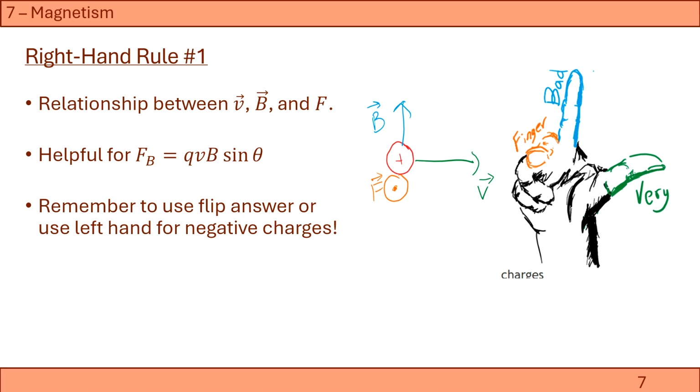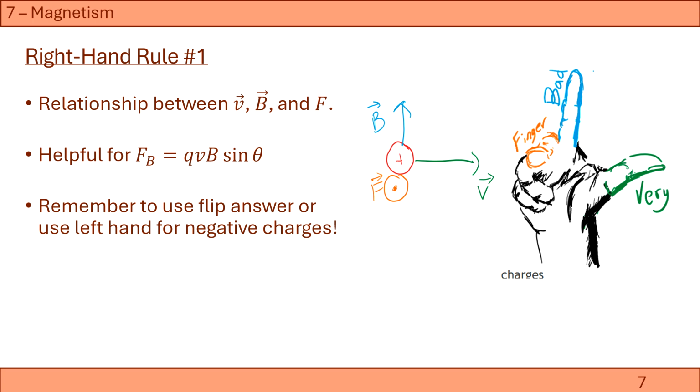You just do have to remember that you flip your answer if you're using a negative sign, or you use your left hand instead. Both are identical ways to solve a problem with a negative charge. So this is for the interplay between force, magnetic field, and the velocity of a charged particle.